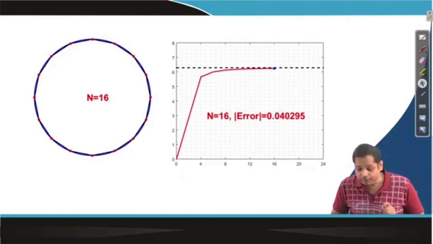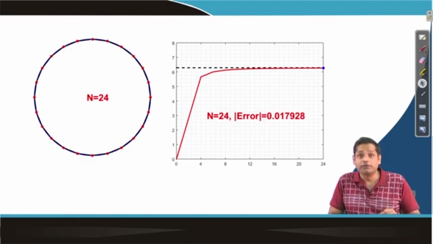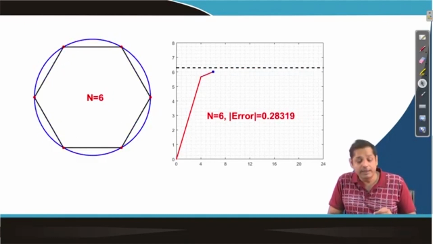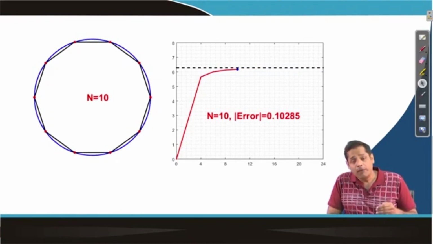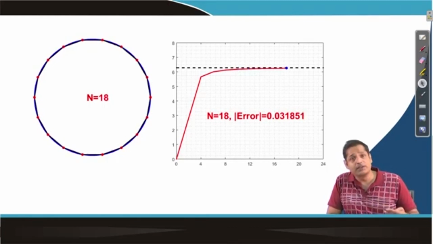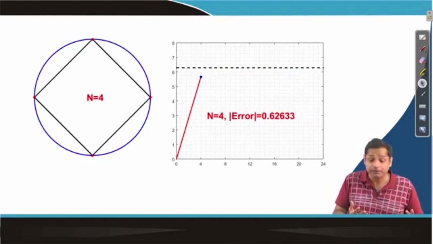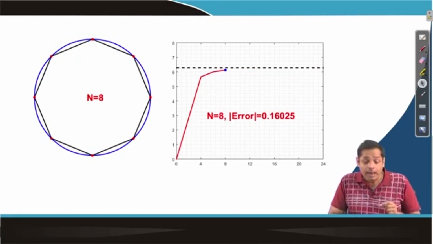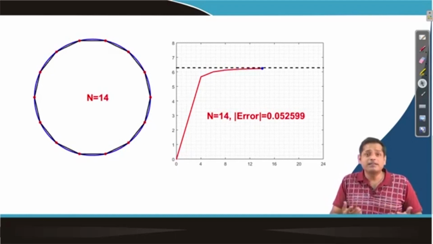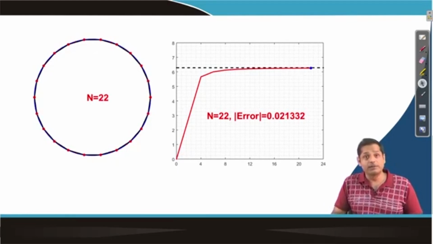Another important point is if we keep on increasing the number of such segments, we get better accuracy. But in order to get an exact solution, the number of segments should be infinite, because it is an infinite collection of points. But we don't deal with that large a number of segments, right?